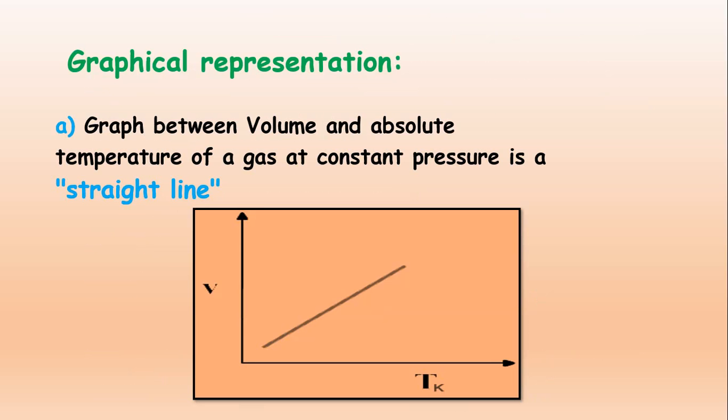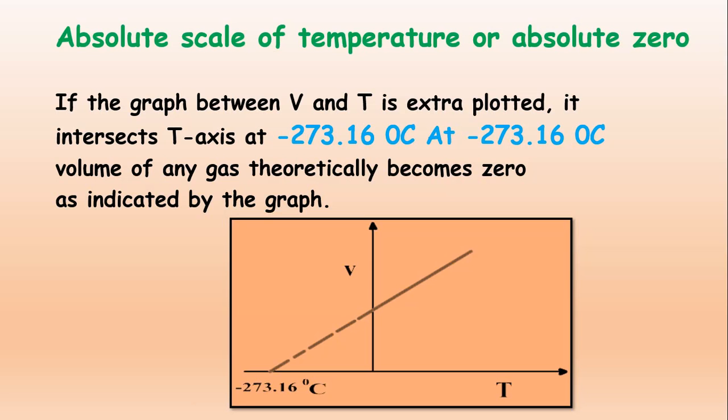Now another graphical representation of Charles' law: the graph between volume and absolute temperature of a gas at constant pressure will be a straight line. In this way, this will be the graph between volume and absolute temperature. Now what about absolute temperature? Absolute scale of temperature, or absolute zero.